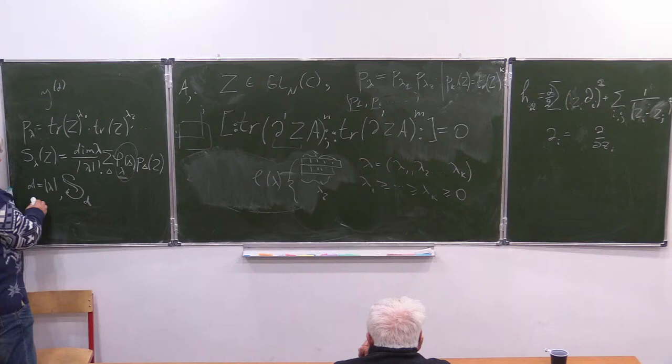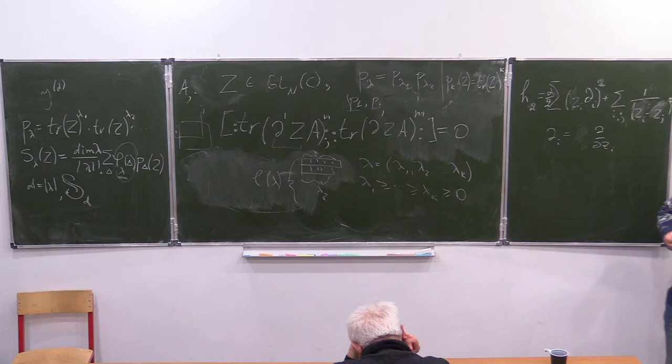In the symmetric group, each element can be presented as a product of non-intersecting cycles, and the lengths of these cycles are the lengths of the diagram delta.